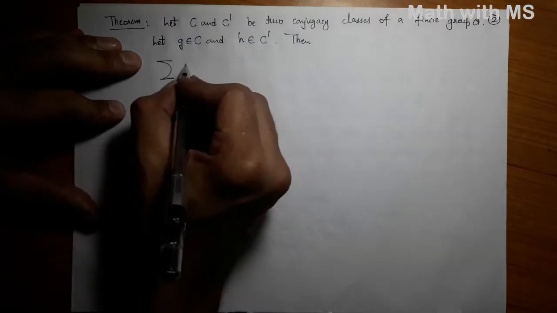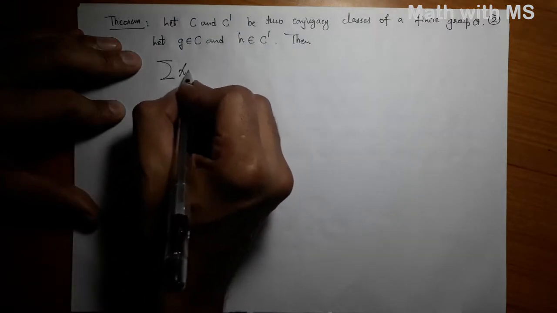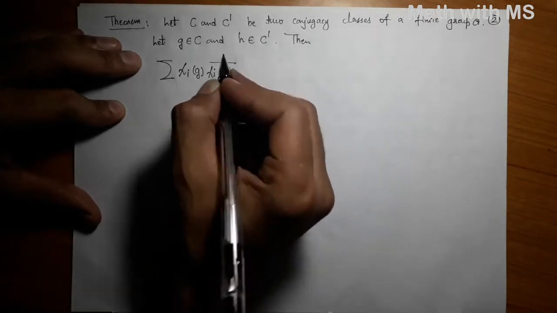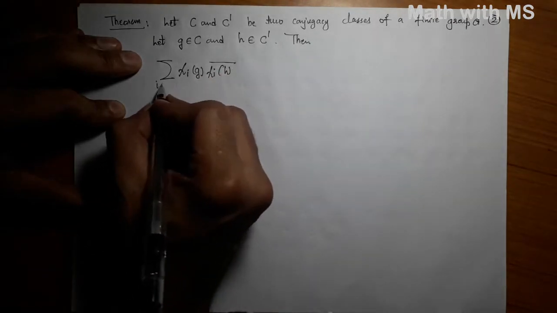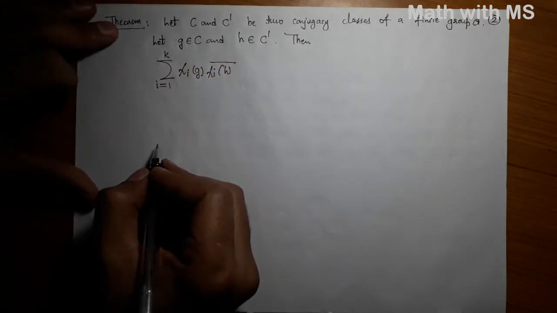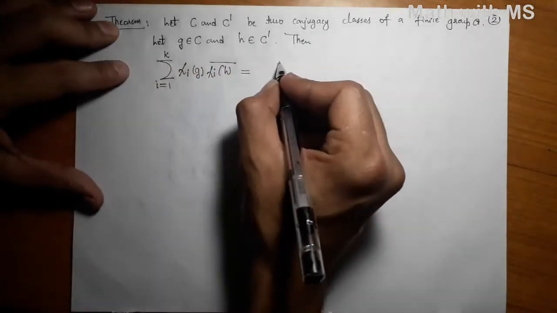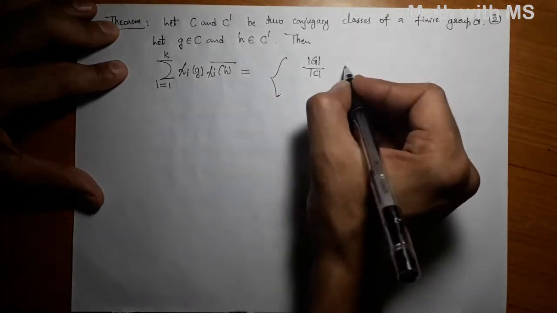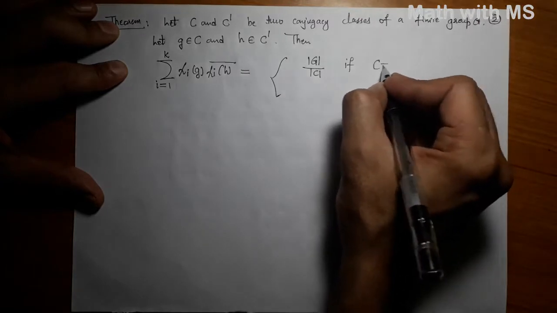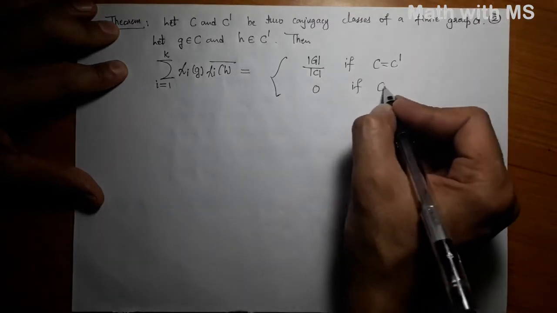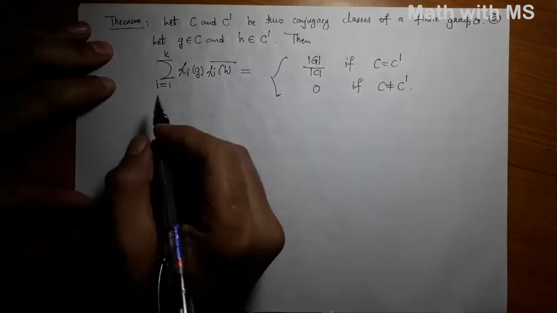Then the summation of chi_i of g times chi_i of h bar, i from 1 to k, is the same as order of the group G divided by order of the conjugacy class C if C is the same as C prime, and 0 if C is not the same as C prime.